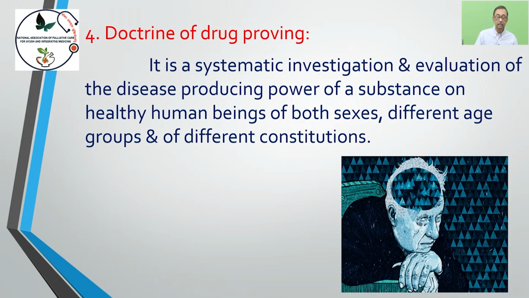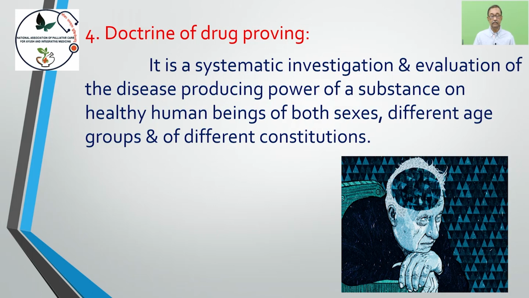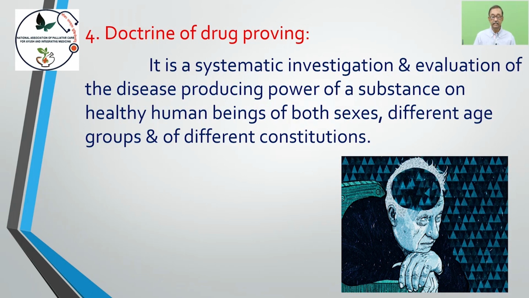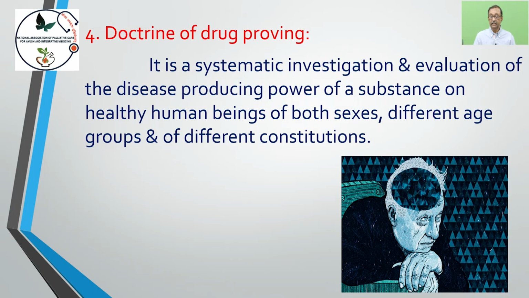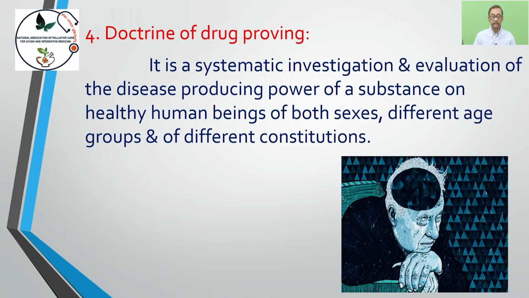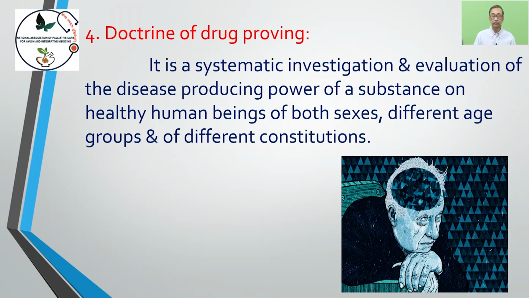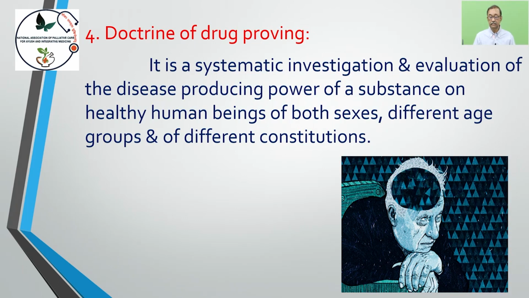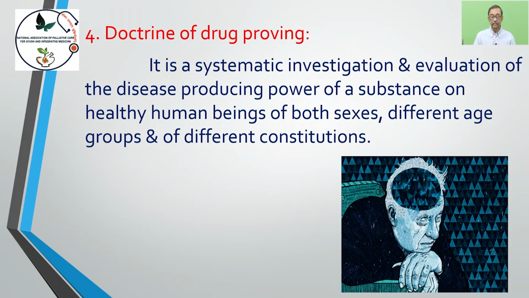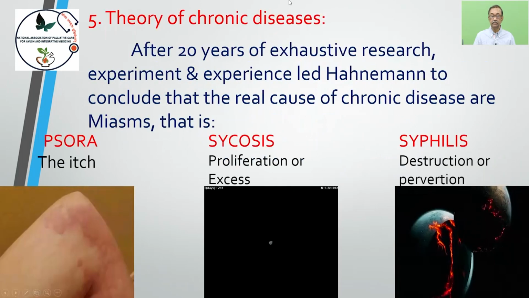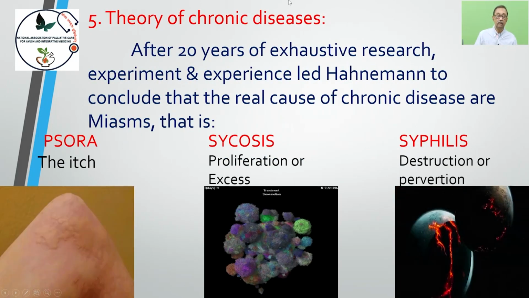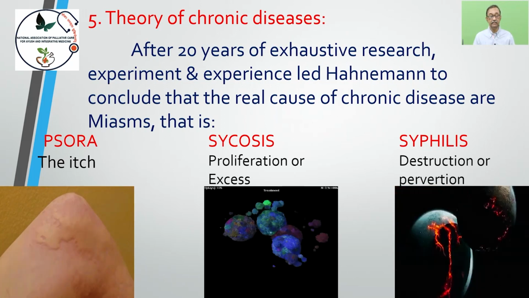The fourth law, doctrine of drug proving. It is a systematic investigation and evaluation of the disease producing power of substance on healthy human beings of both sexes, different age groups and of different constitutions. The fifth law, the theory of chronic diseases.